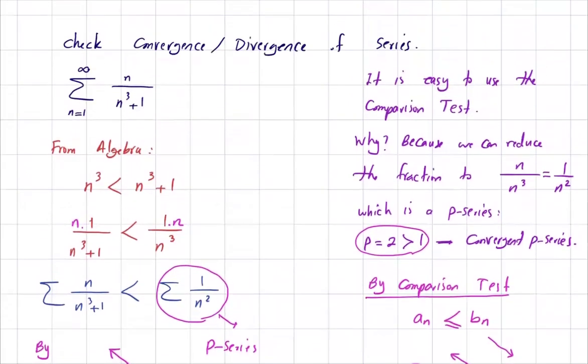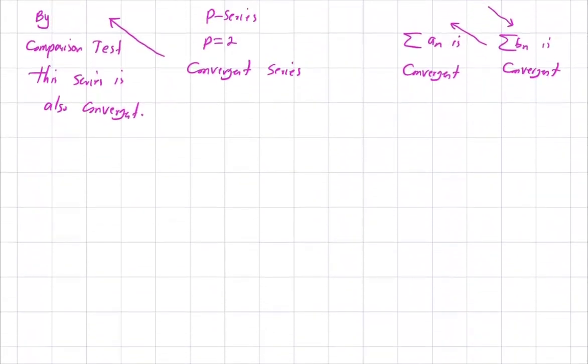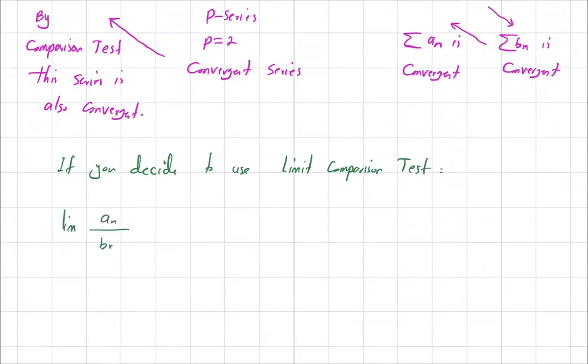So again, for this, you can use the comparison test or the limit comparison test. If you decide to use the limit comparison test, use the exact same series as well. So let me write this down for you here. Then you have the limit of an divided by bn as n goes to infinity.